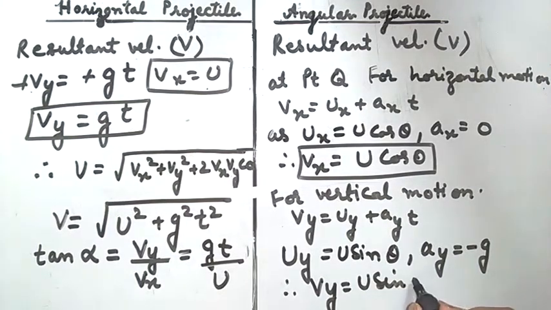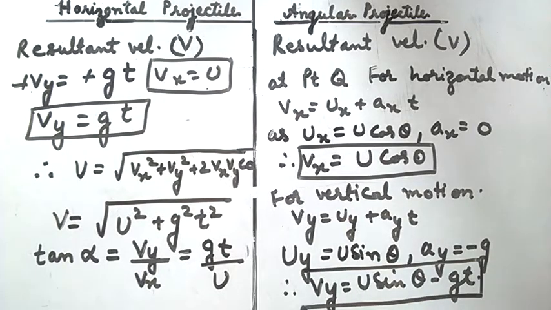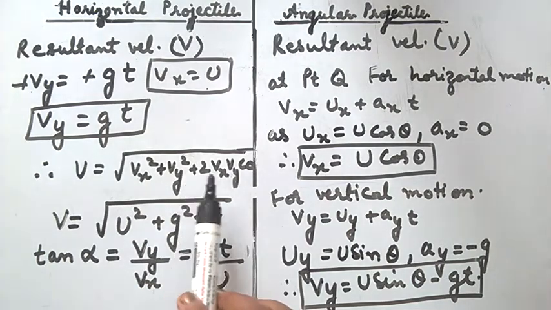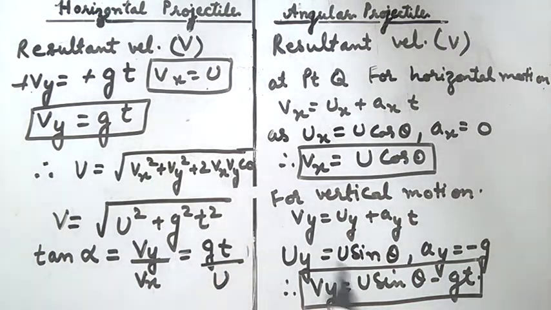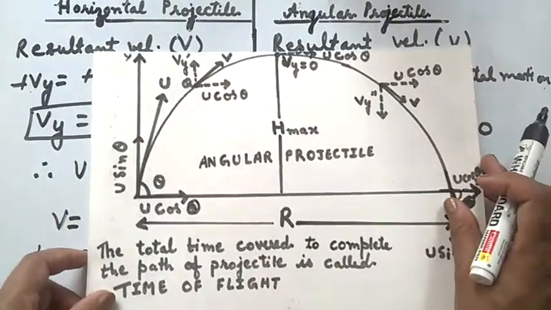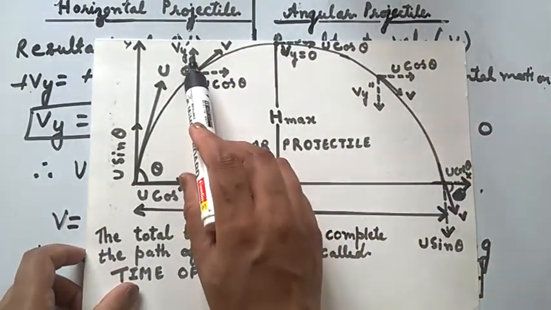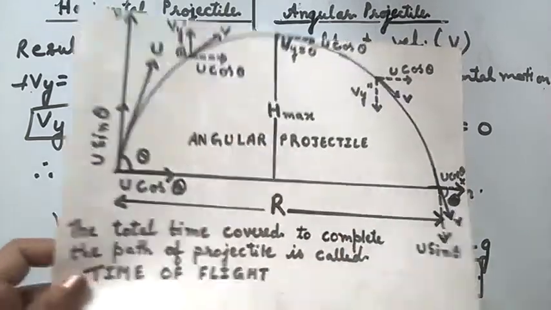So, on substituting value of Vx and Vy in parallelogram law of vector addition formula, that is root of Vx square plus Vy square plus 2 Vx Vy cos theta, where theta is 90 degree. Therefore, here we can see that as the angle between two components is 90 degree, we get root of Vx square plus Vy square.